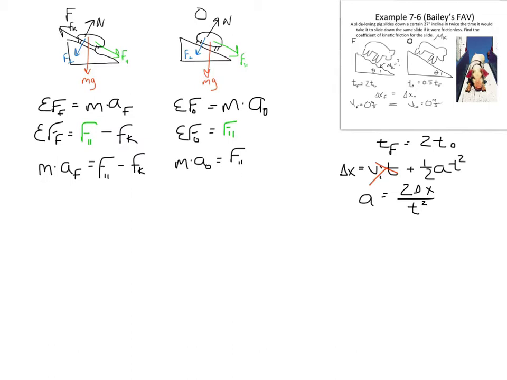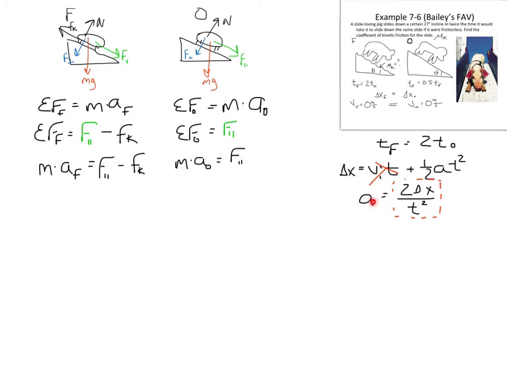So for each side, we should be able to take this and stick it in here, and here, because this is our statement for acceleration for each of those scenarios.